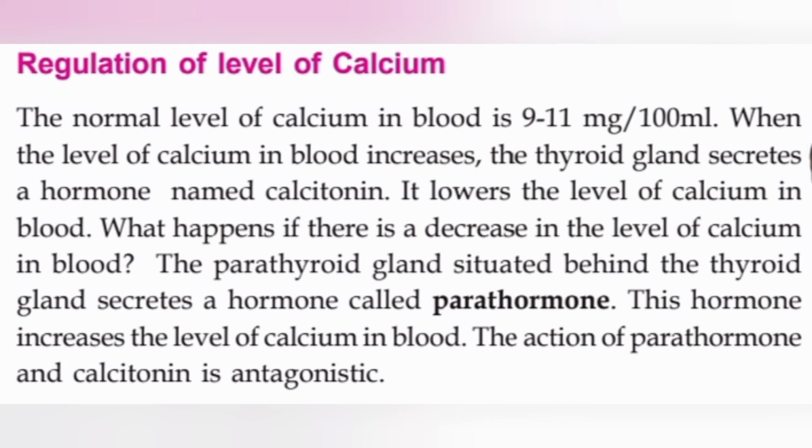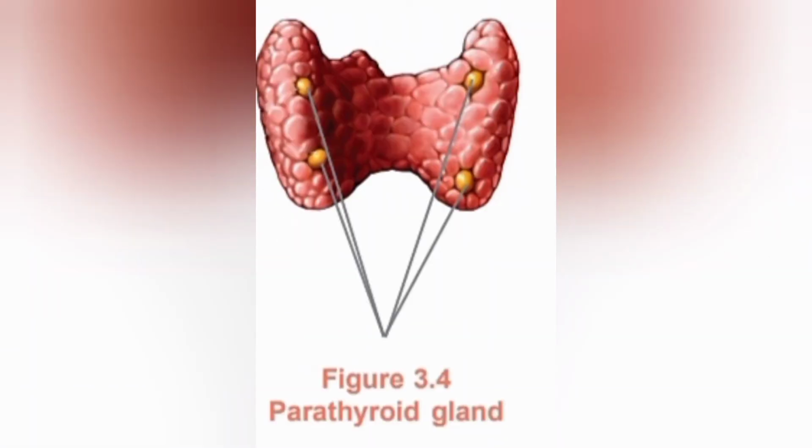So if the calcium level in the blood lowers, the parathormone secreted by the parathyroid gland increases the level of calcium in blood. Thus, we can say the action of parathormone and calcitonin is antagonistic. What is the term used for the action of parathormone and calcitonin? It is antagonistic in nature.